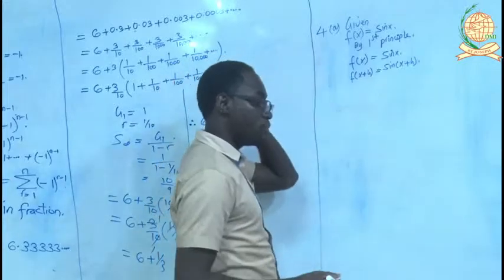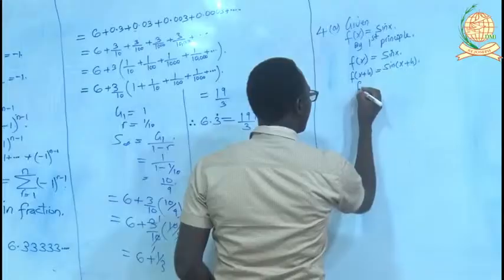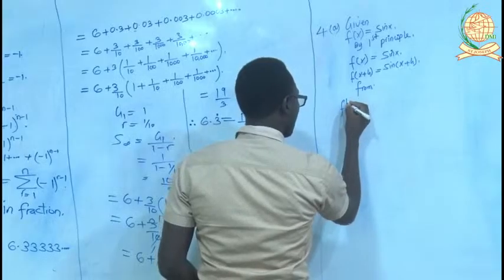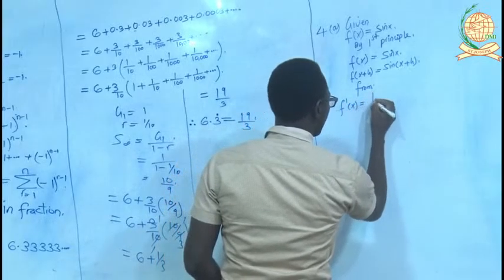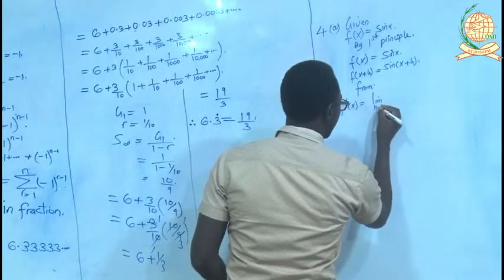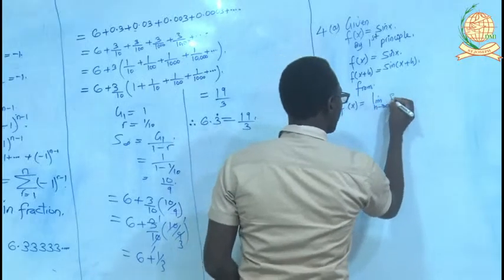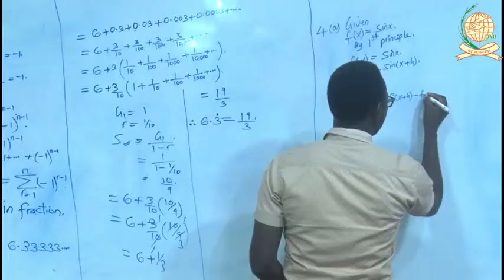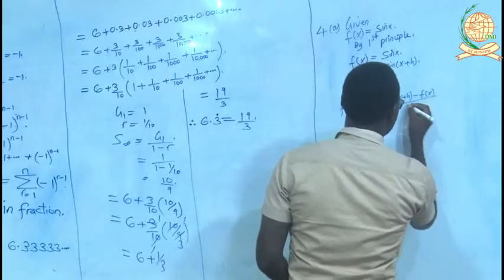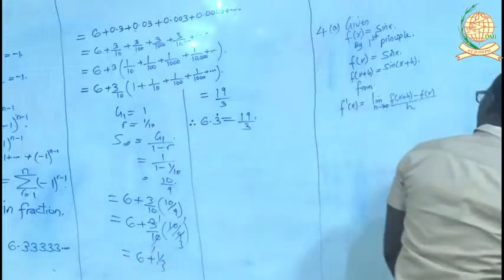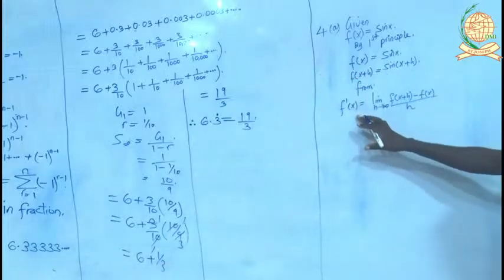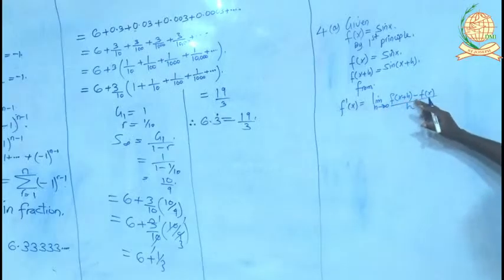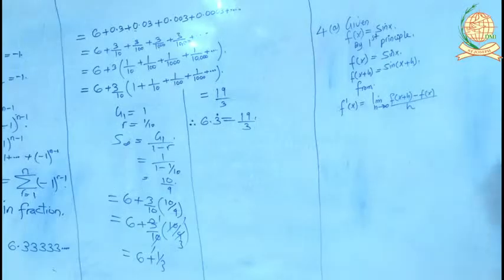Now we need to use the first principle, so write the formula. f dash of x is equal to the limit as h goes to 0 of f of x plus h minus f of x, then you divide by h. So the first principle is this one.